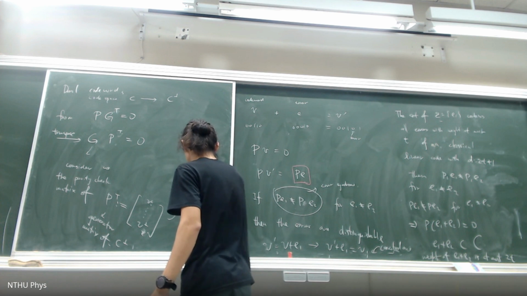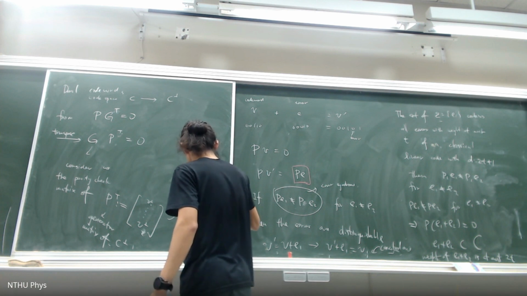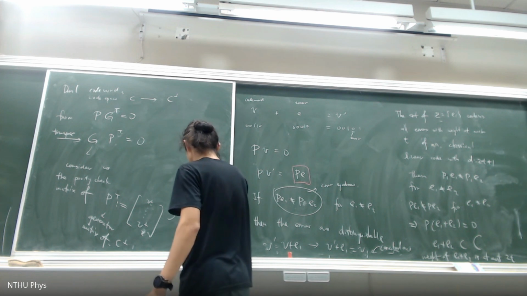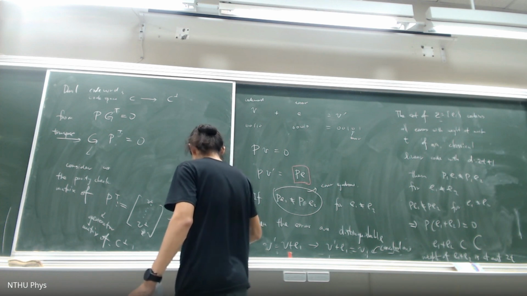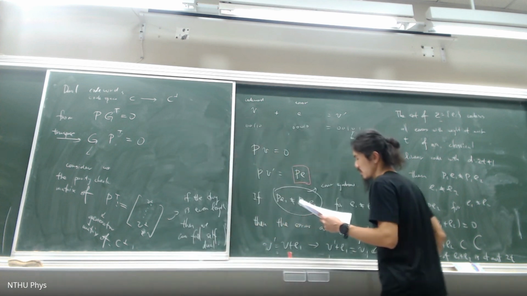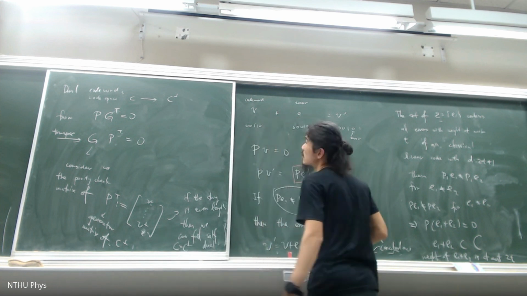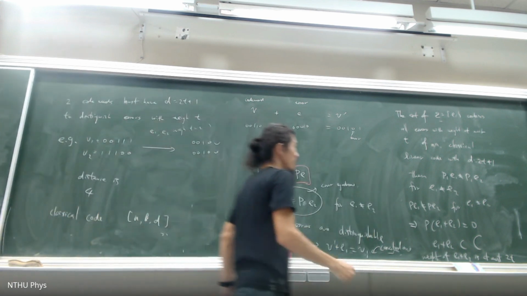So if the string is even length, then I can find a self-dual code, which means C is equal to C perpendicular. So we can just show it by example.